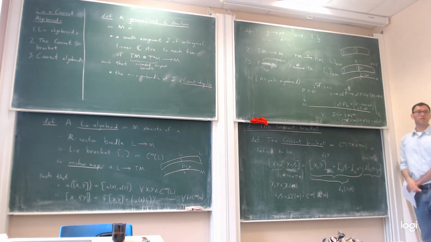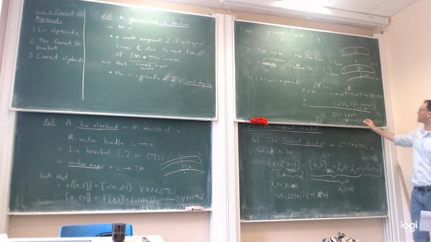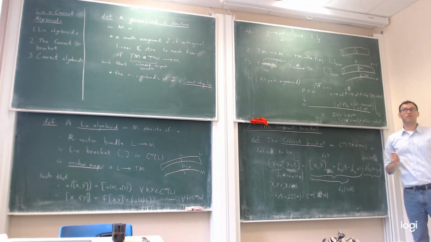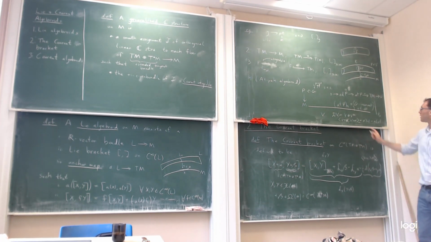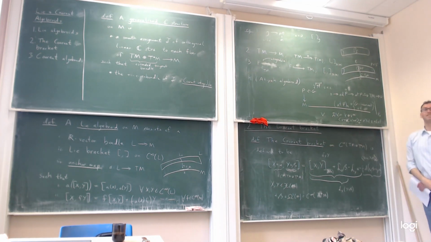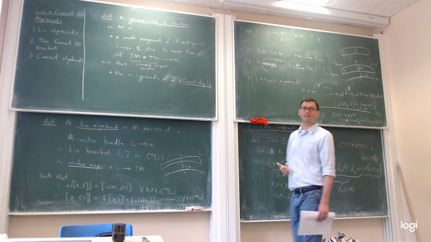So this is the definition. Before we were using the canonical symmetric bilinear form on the double, so let's do plus minus. On the double of V, there's a canonical symmetric bilinear form, and there's also a canonical antisymmetric bilinear form.